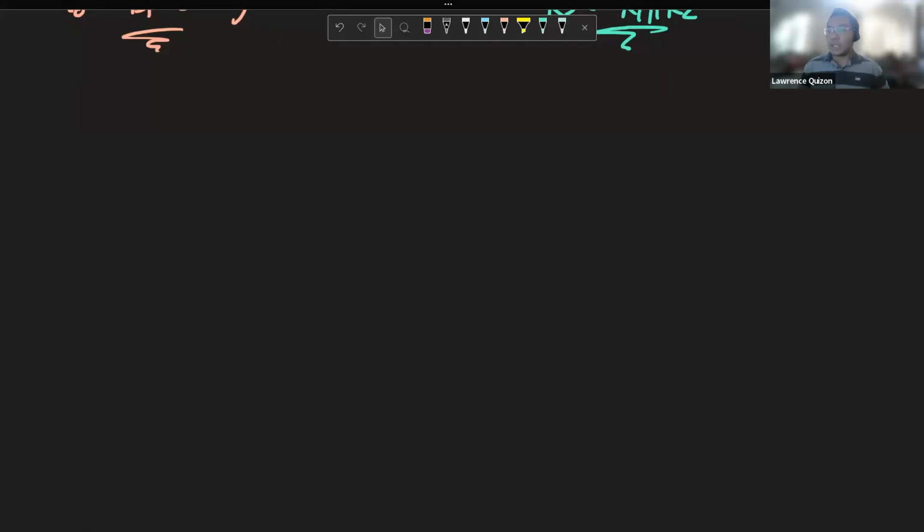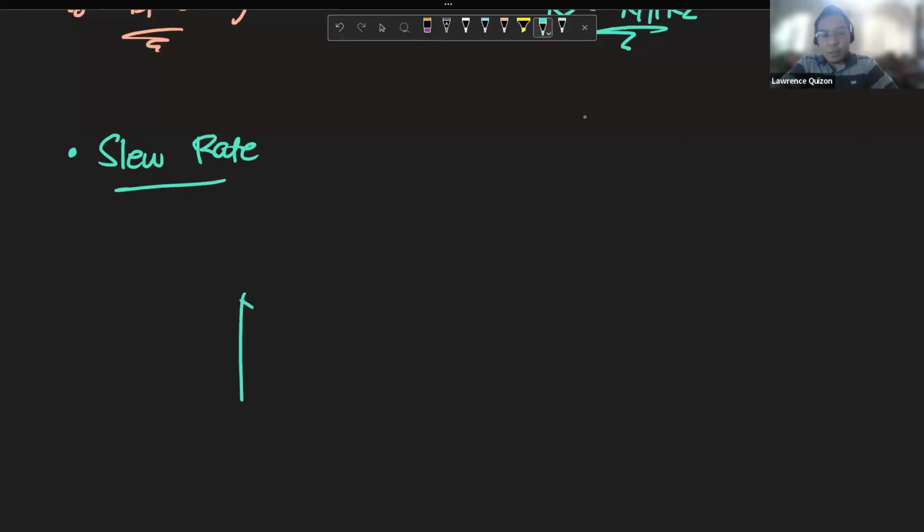Anyway, the next, non-linear non-ideality is the slew rate. So the thing is, when you have an op-amp, tapos, okay, so meron kang op-amp, so apparently, ganito yung configuration.